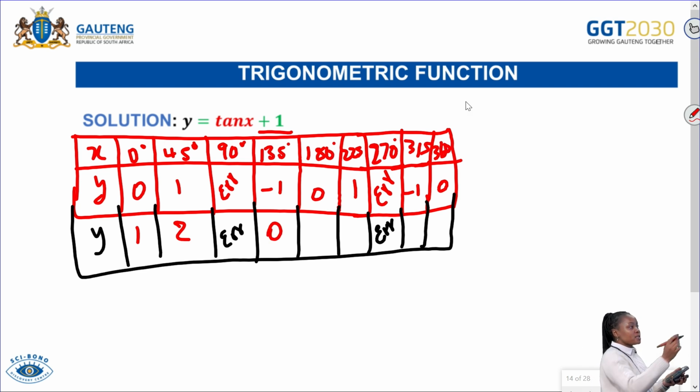And then at 180 it's 1. And then at 225 it's 2. And then at 315 it's going to be 0, and then at 0 it's going to be 1.